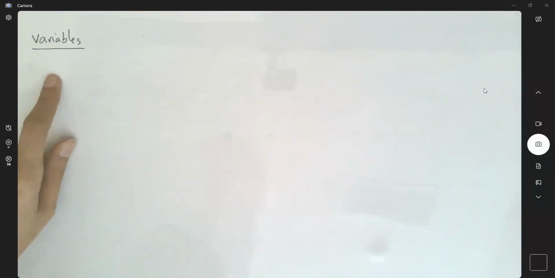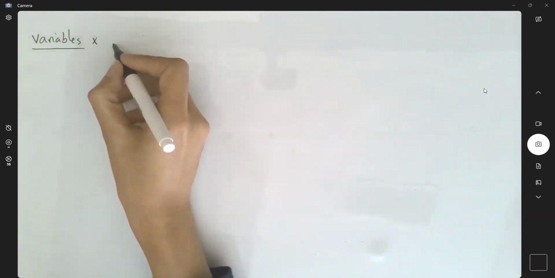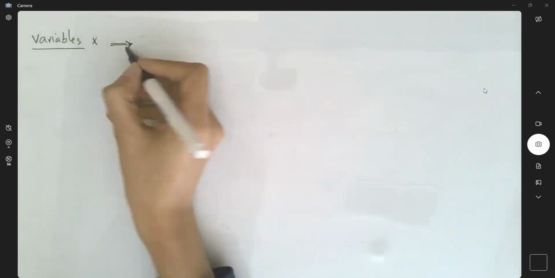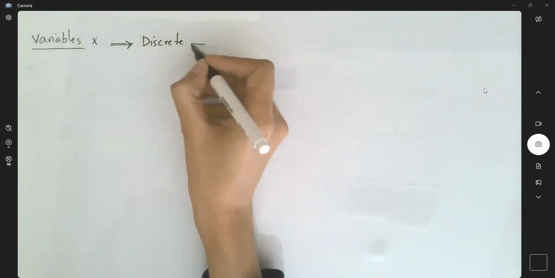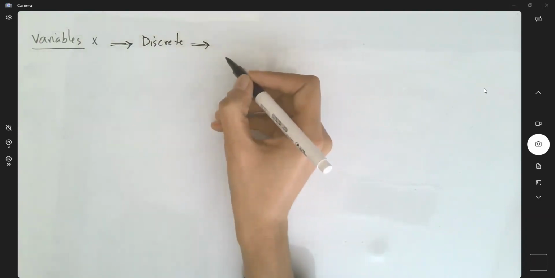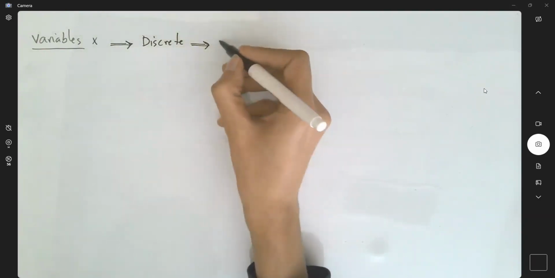A variable in statistics, especially represented by x, if it's a discrete random variable, you're interested in knowing, well, what is the probability associated to this random variable?